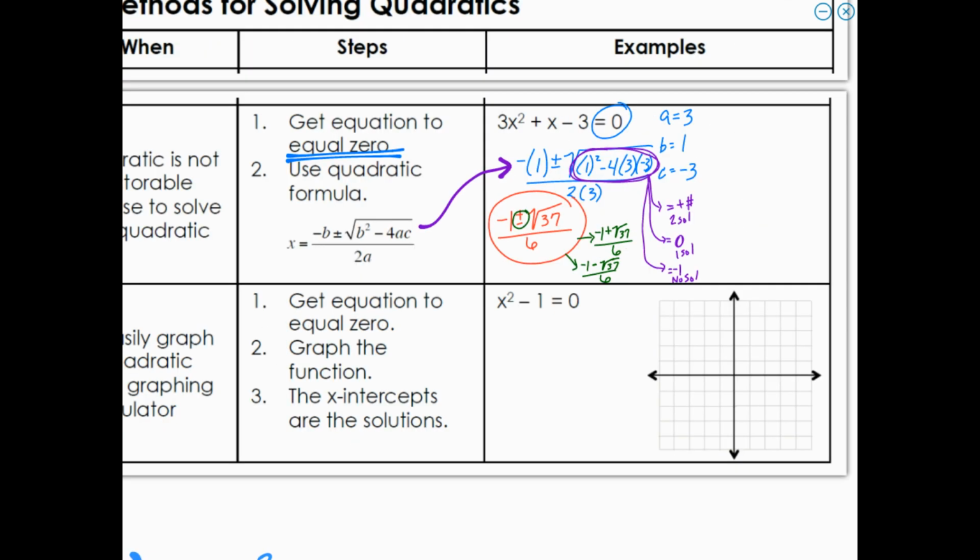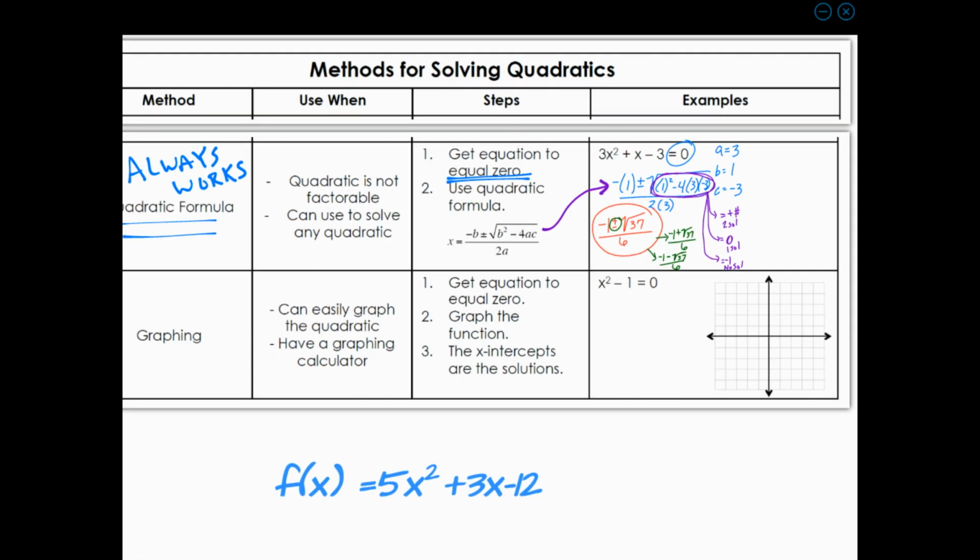Okay. The last one is graphing. Okay, this one is really best if your answers are integer answers, or simple fractions or whatever, simple decimals, because it's hard to pinpoint something if it's not on an exact grid line, right?